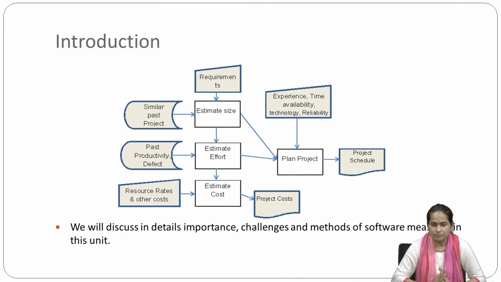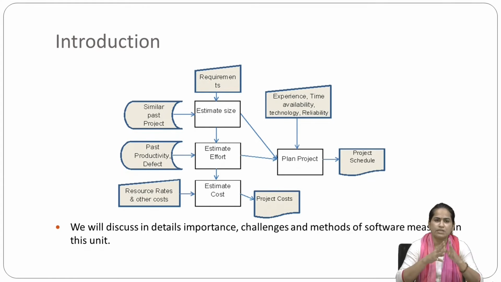Here we can see a number of things. When we start our project, the first thing we will have is the collection of requirements. We collect this from the customers who are the users of this software.